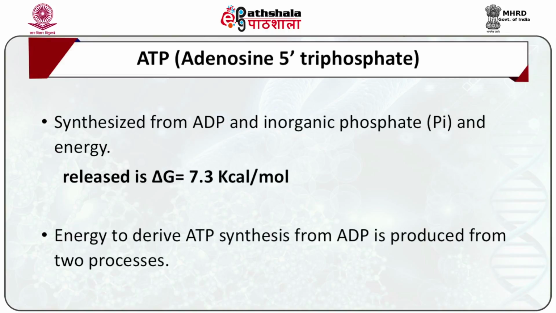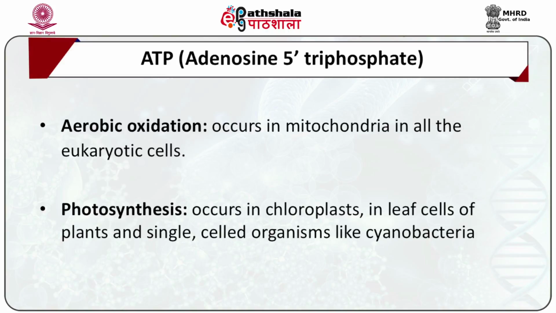The energy to drive ATP synthesis from ADP is produced from two processes. One is aerobic oxidation that takes place in mitochondria in all the eukaryotic cells. Another is photosynthesis, which occurs in chloroplasts, in leaves of plants and single cell organisms like cyanobacteria.